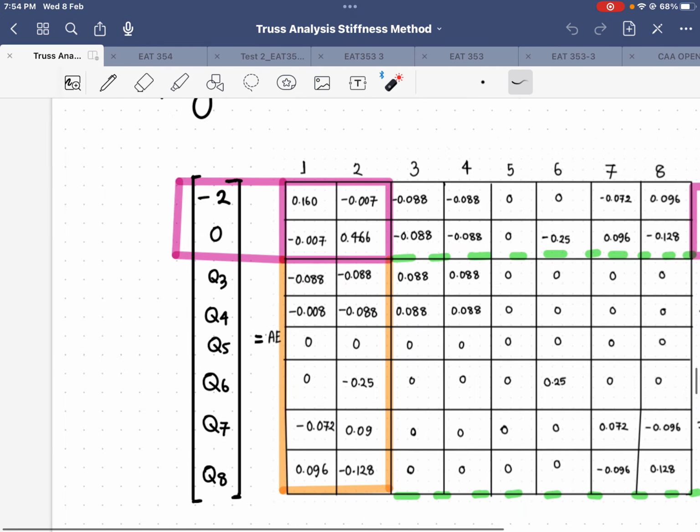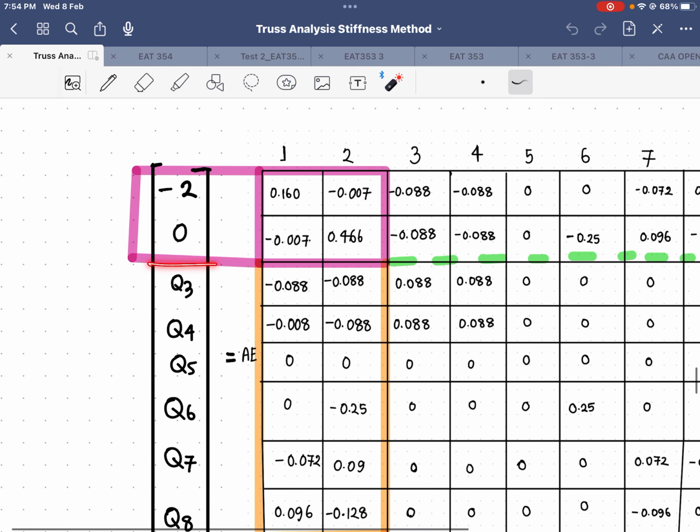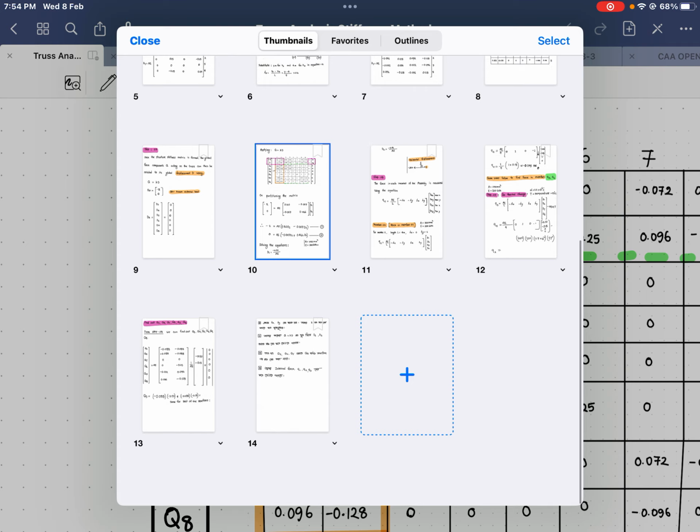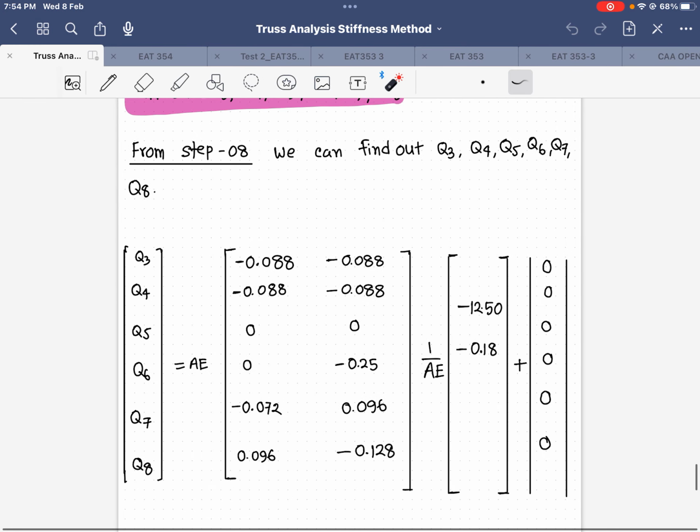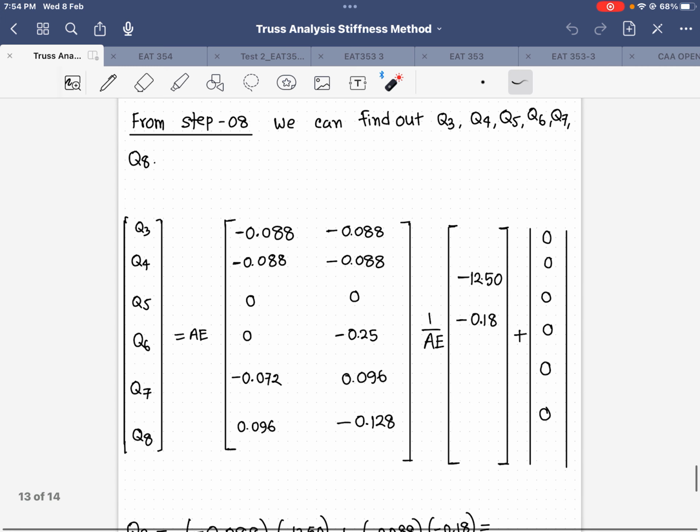So you can see we have to label. Here you can see for 1 and 2 the value negative 0.088, so I will do the partition. I did the partition here, and I just use the formula.